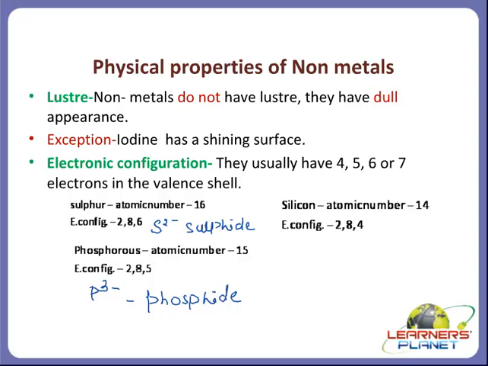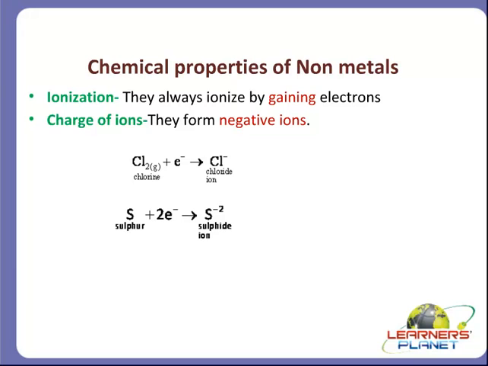Now let's take up some of the chemical properties, like ionization. They always ionize by gaining electrons. So they gain electrons and form their respective ions. Charge on ions. As they are gaining electrons, what charge will they acquire? They'll acquire negative charge.